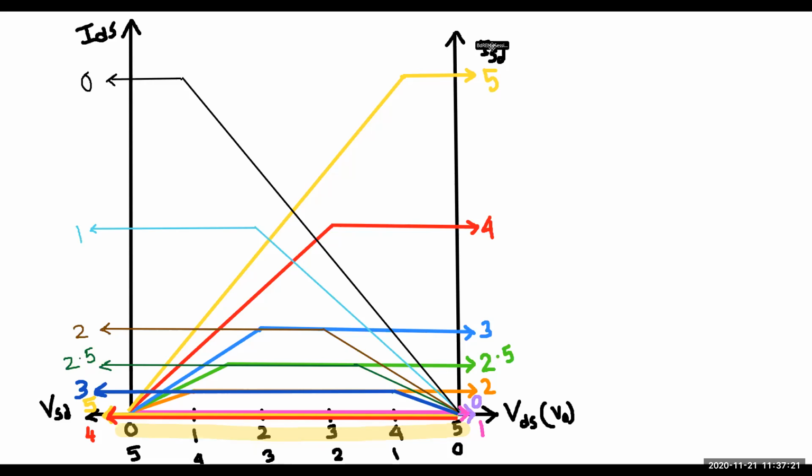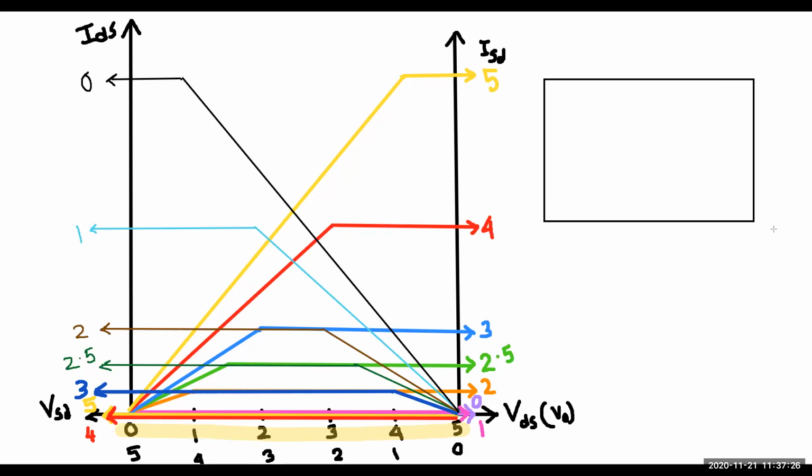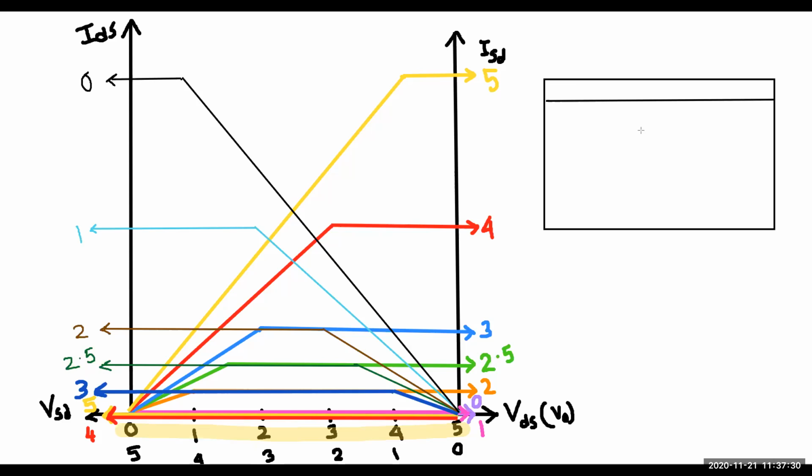Okay, now I need to start building one table. Let's build a table. This is for input. This is for output. That is for current. Now 1, 2, maybe 7.